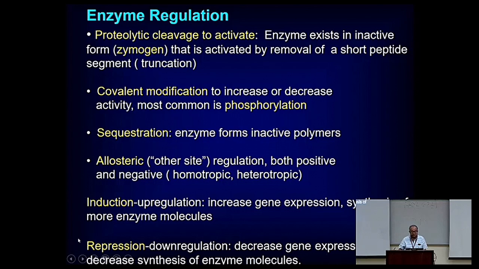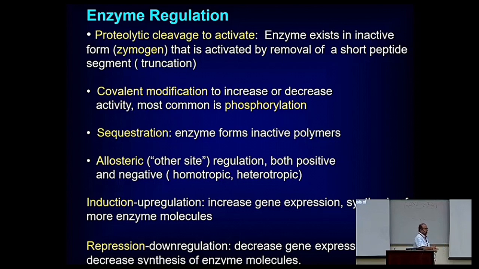These last two I want you to pay attention to are the slowest of all enzyme regulatory mechanisms. The reason they are slower is because obviously they involve multiple steps. You have gene expression. That means you have to transcribe the gene.